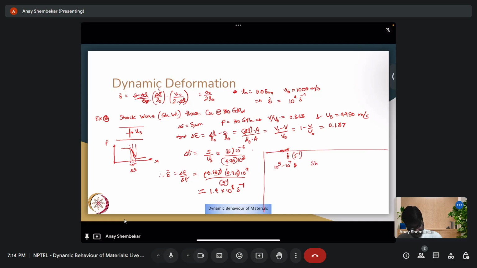Phenomena is shock wave. If epsilon dot lies in an intermediate range, then you have got a plastic wave. If epsilon dot is even lower, you have an elastic wave.